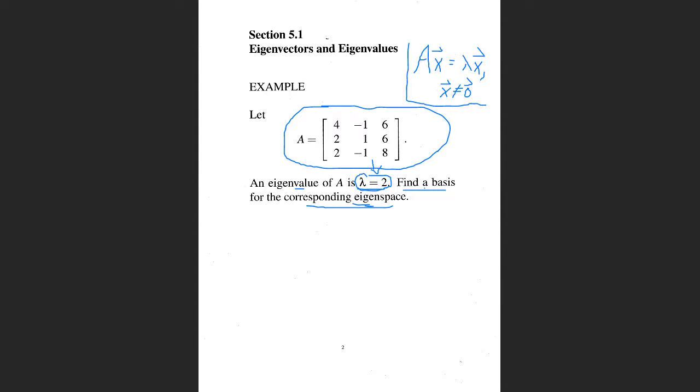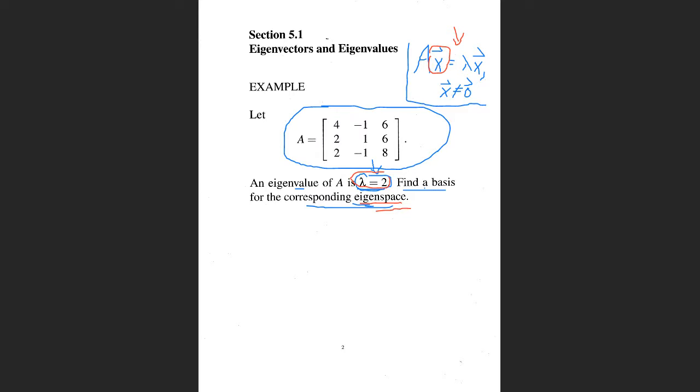The vector X would be an eigenvector. So that's where we need to start. If we're going to find the eigenspace, which is the set of eigenvectors corresponding to this eigenvalue of 2, we need to start with the definition.